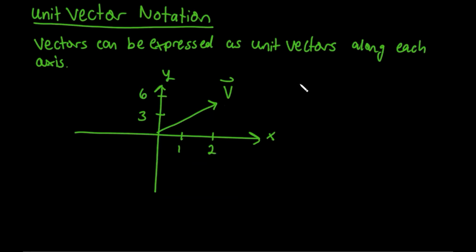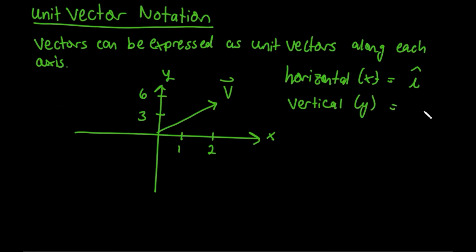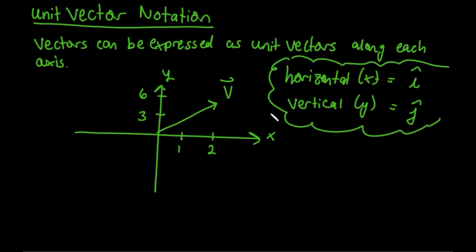Before we get started, something important to note. For the horizontal component along the x, the unit vector we use is I with a hat. And for the vertical component, which is the y, we use the letter J with a hat. So this is very important to remember.